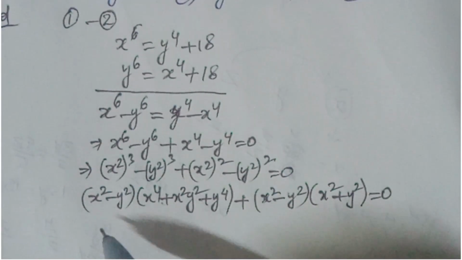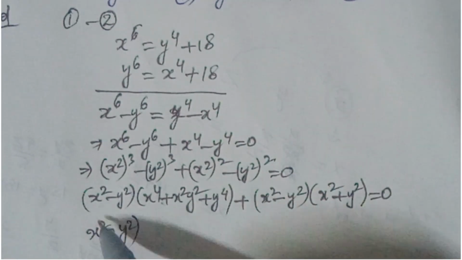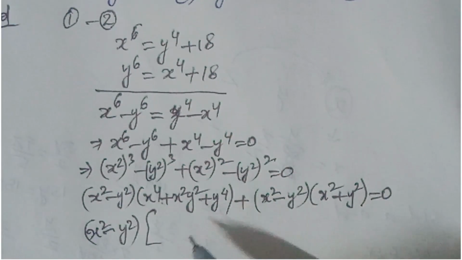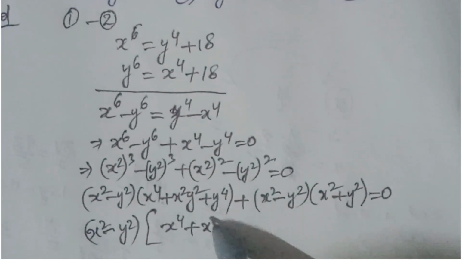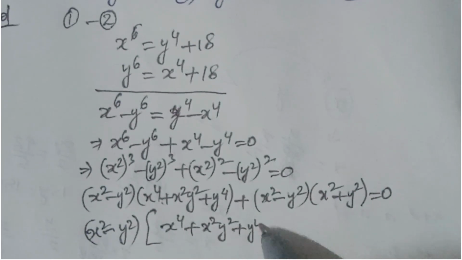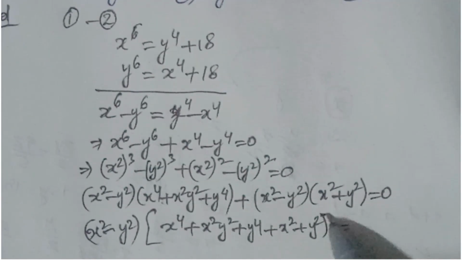So here if you take x square minus y square common, here what will we get: x to the power of 4 plus x square y square plus y to the power of 4 plus x square plus y square equal to 0.